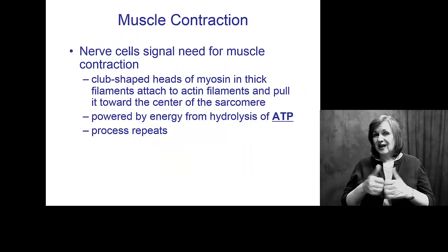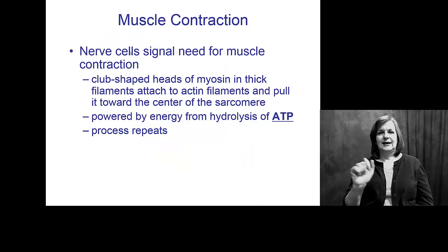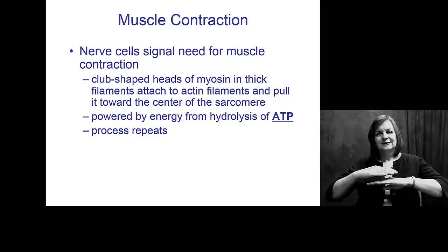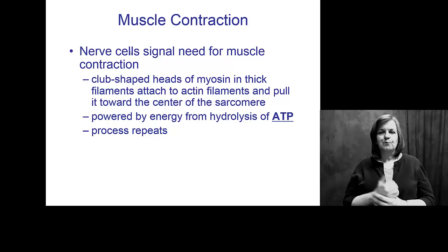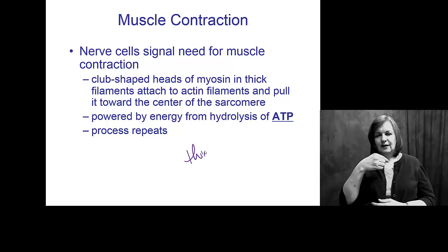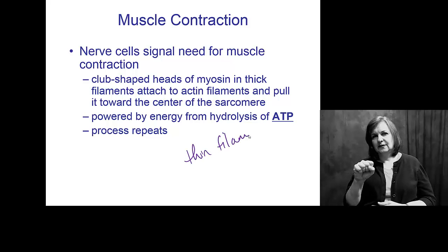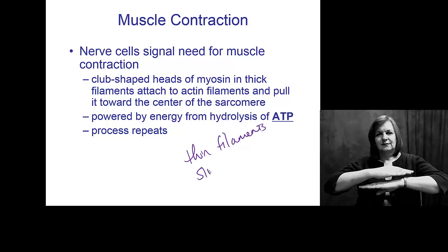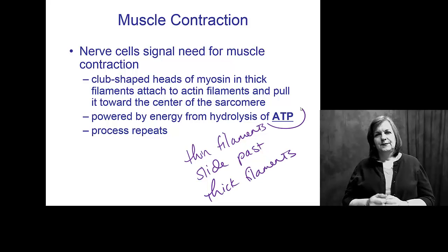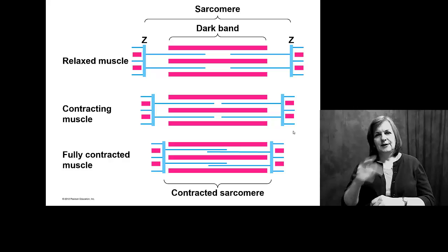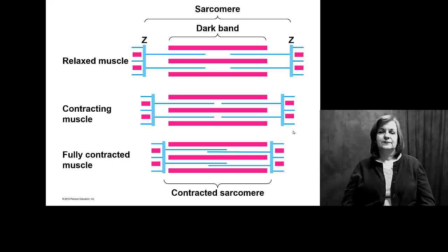We do this, of course, all through ATP. So the sliding filament theory is that we actually have the thin filaments are going to slide past the thick filaments, all powered by ATP.